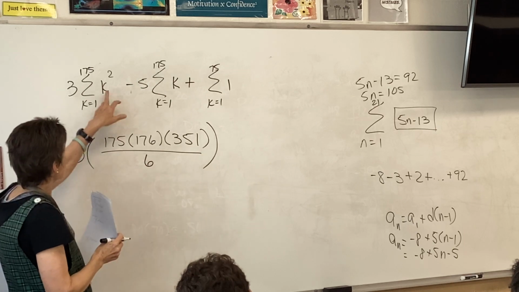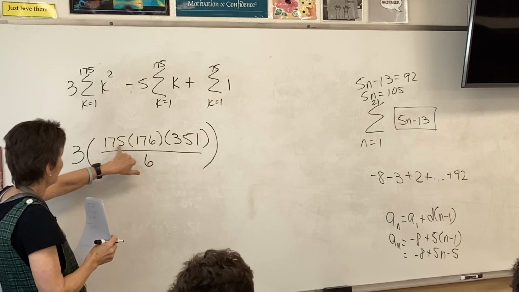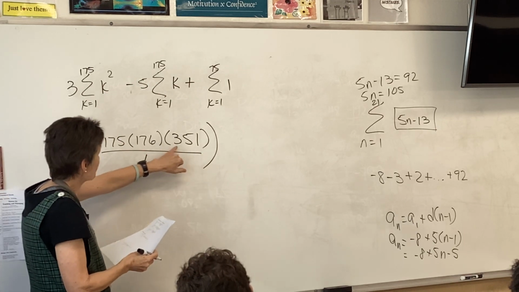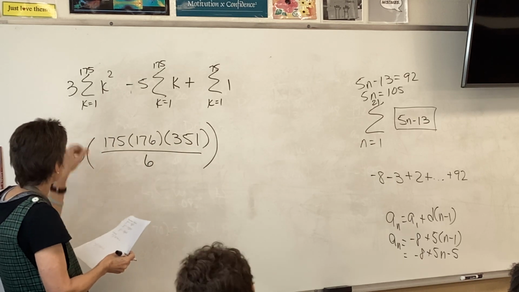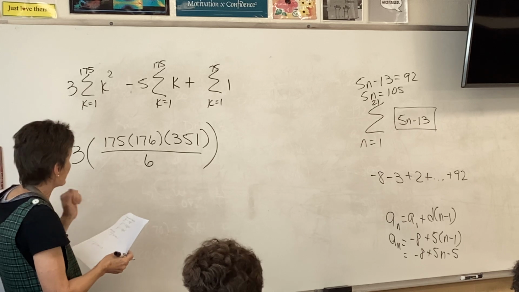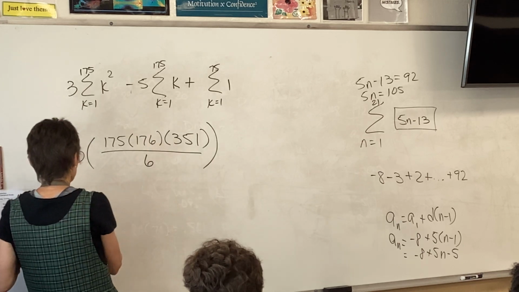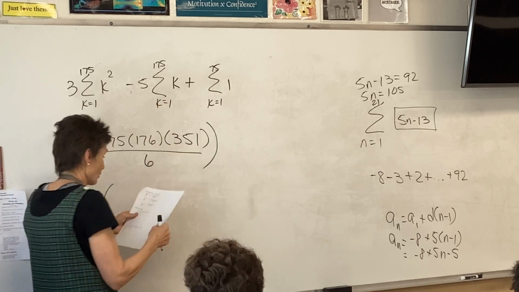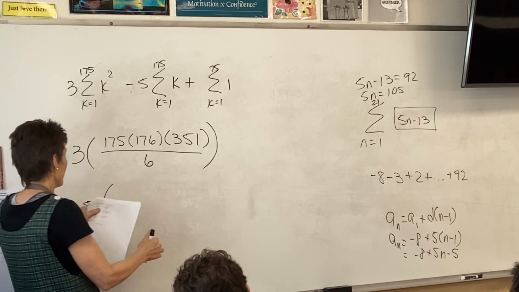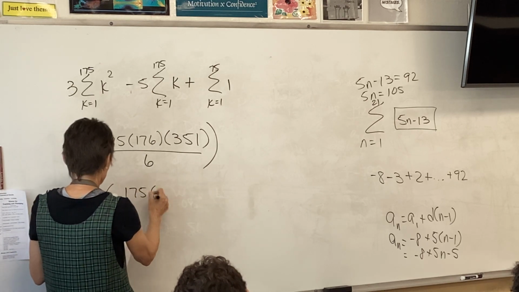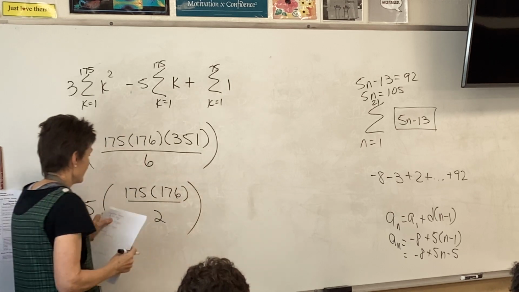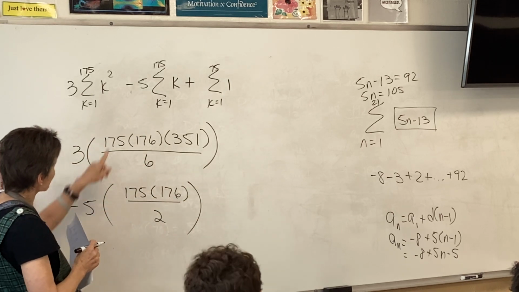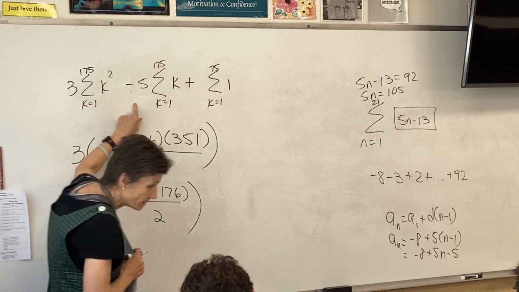So that's n times n plus 1 times 2n plus 1 over 6, and then I times that by 3. The next one is my regular k formula, which is 175 times 176 over 2, and I take that times my negative 5, right?